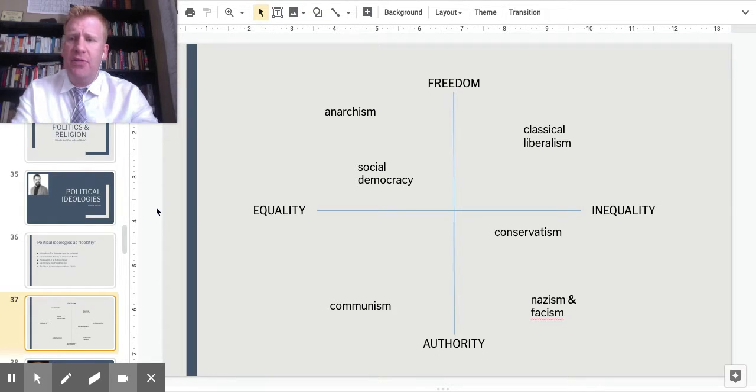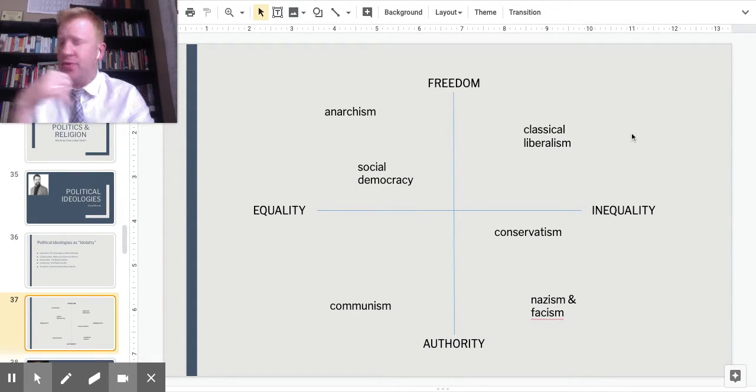Now, as I mentioned before, the American enterprise, I would place it somewhere around this area right here. But I think it'll be important for me to just walk through each of these and give you some examples.